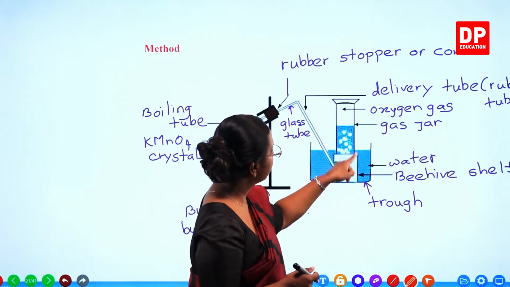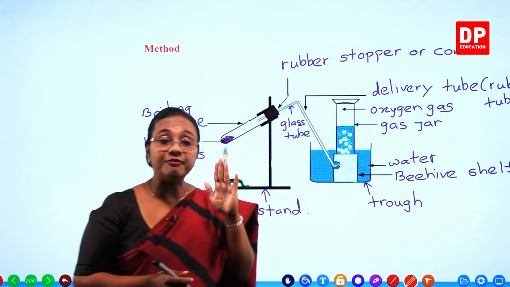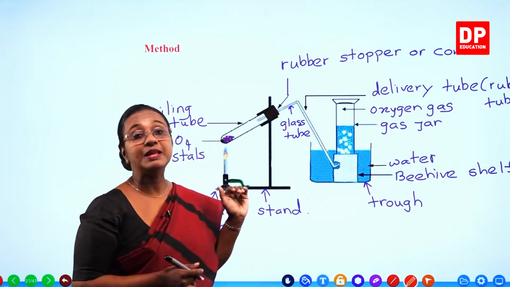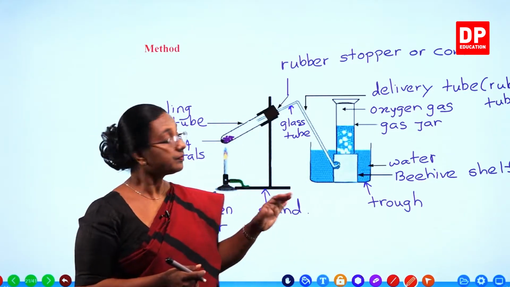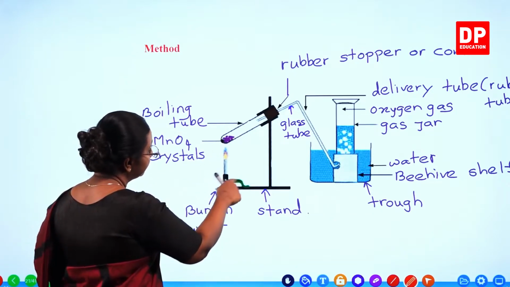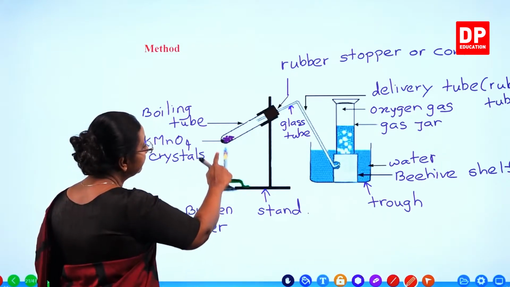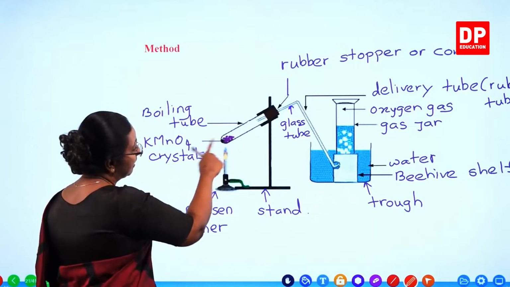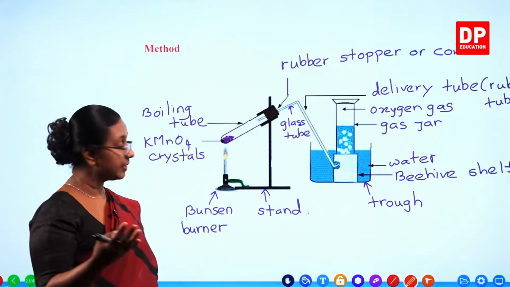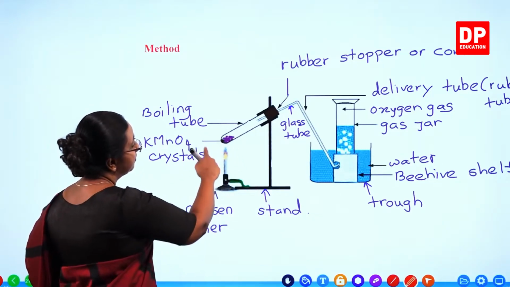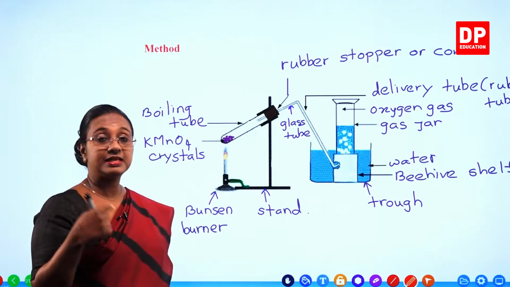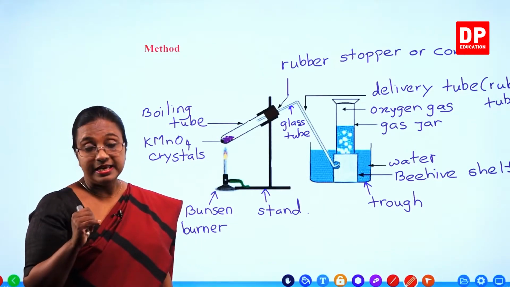Then you have the gas jar filled with water. You have to make sure it is completely filled with water. Then you start the Bunsen burner. When the Bunsen burner is burning, heat is provided. Because of that, the potassium permanganate crystal starts to decompose.